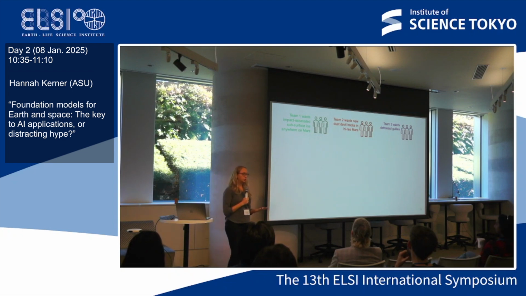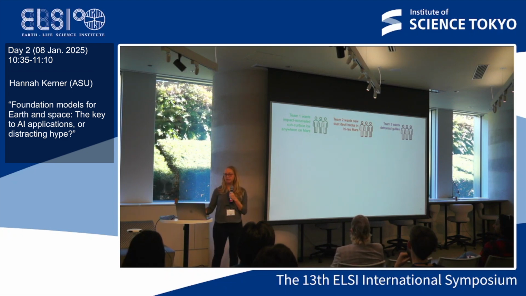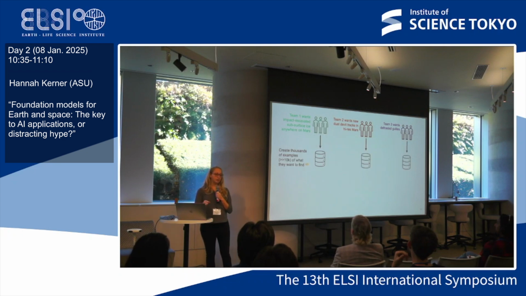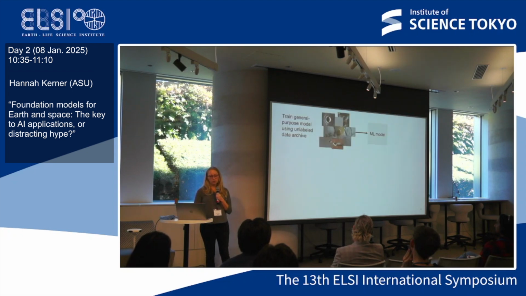Instead of having these situations where a team of planetary scientists has a goal that they want to study, maybe understanding where ice is on Mars, looking at dust devil tracks or gullies, and having to each annotate their own data set of tens of thousands of examples to be able to do supervised learning and then train their custom machine learning model, which is what people have to do right now if they want to use machine learning, which is extremely costly.